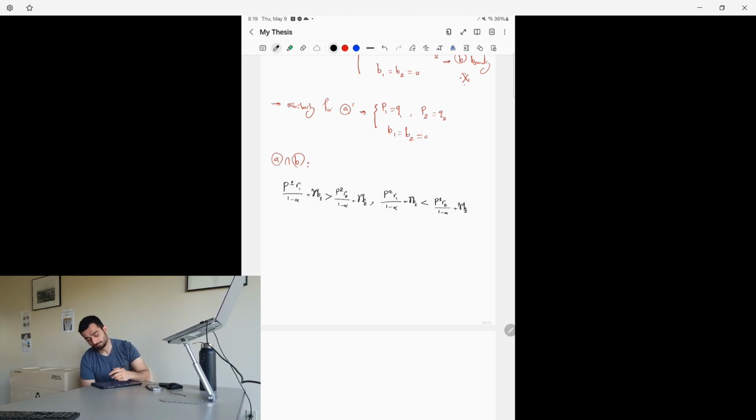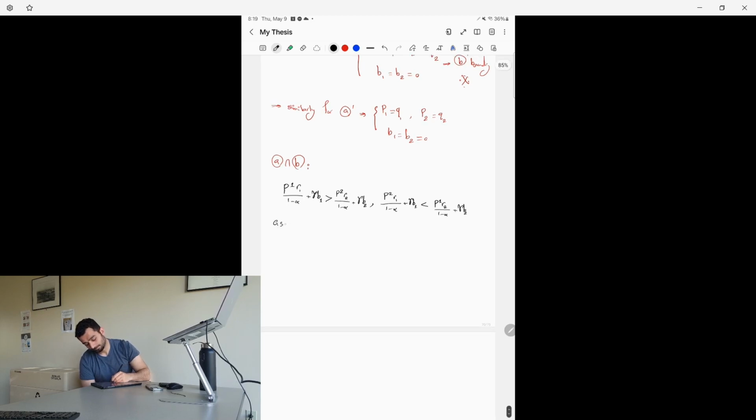And let's assume the assumption S0 plus gamma B0 is greater than S10 plus gamma B10, right?